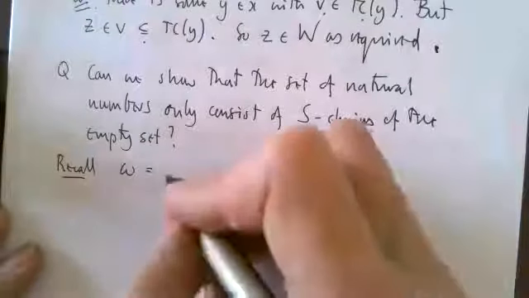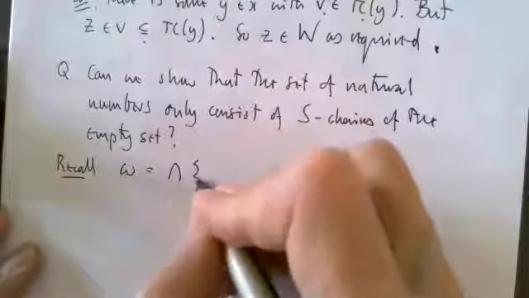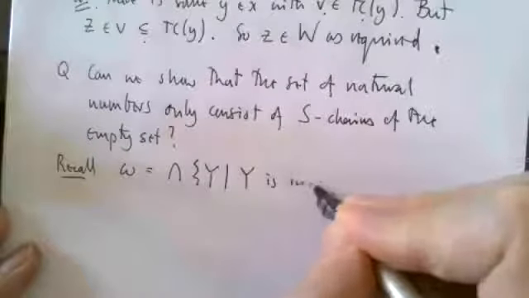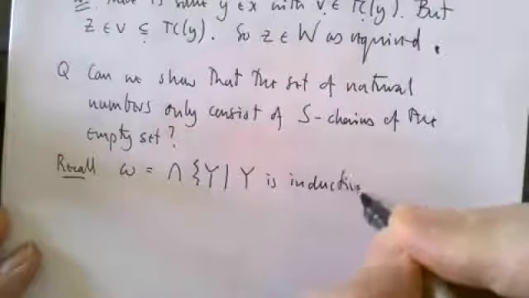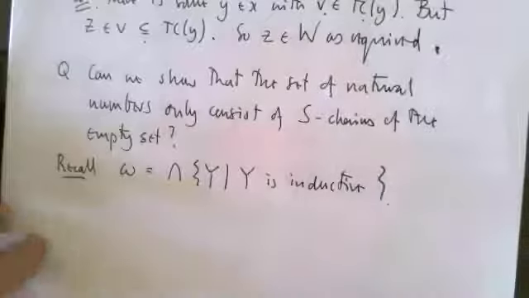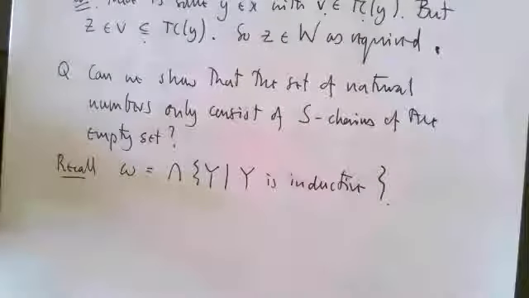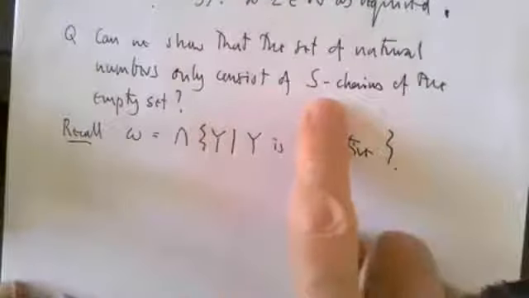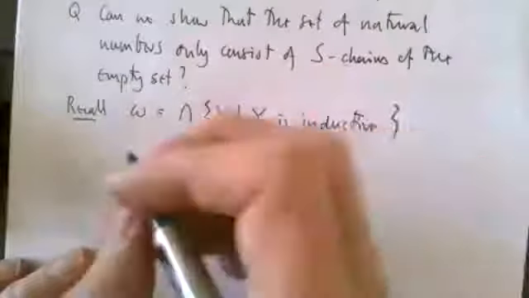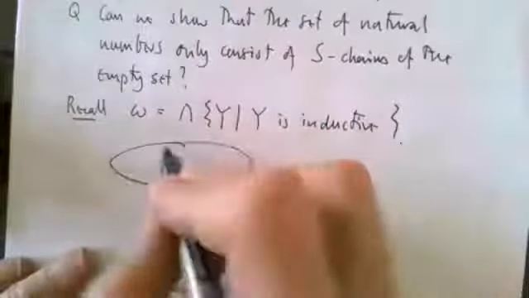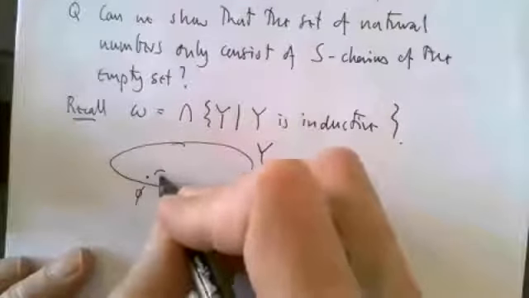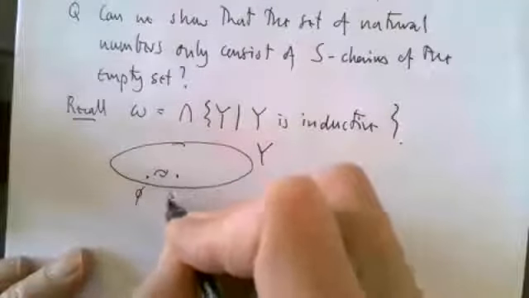So this is the intersection of all of the y's, as y is inductive. And inductive means being closed under S. So a typical inductive set, you start out with the empty set and it's closed under the S operation.